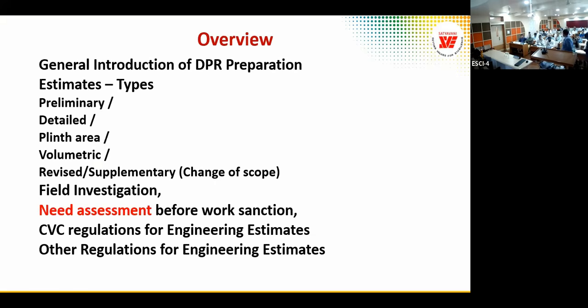And field investigation, which is a very, very important part of any DPR preparation. I also cover CVC regulations for engineering estimates, the other cost affecting aspects in any project, and other regulations for engineering estimates.